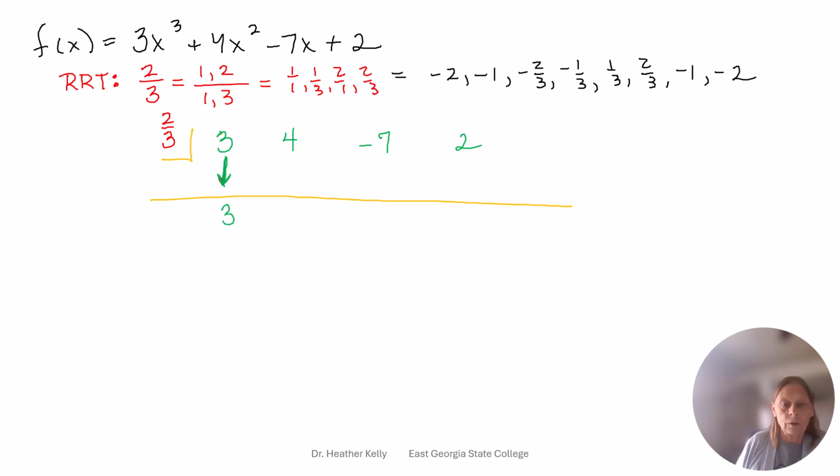Bring down the 3, and here we go. 2/3 times 3 is 2. 4 plus 2 is 6. 2/3 times 6 is 4. -7 plus 4 is -3. 2/3 times -3 is -2. And we get our 0.